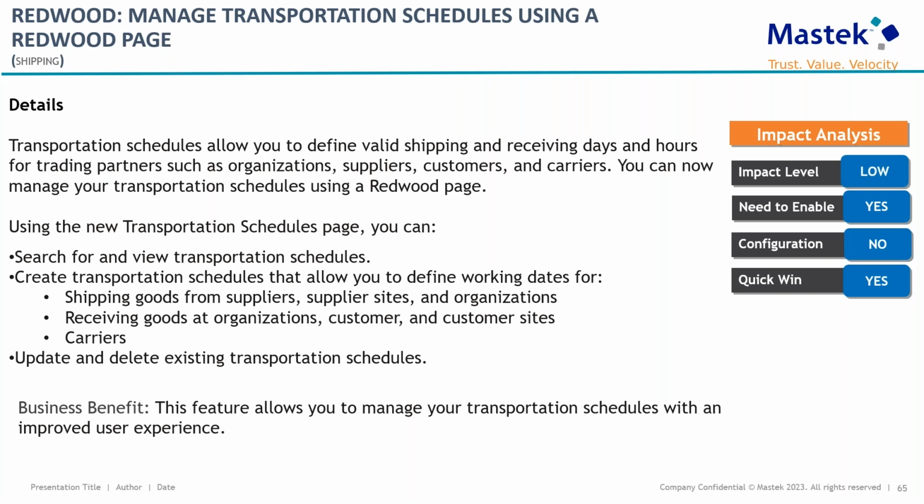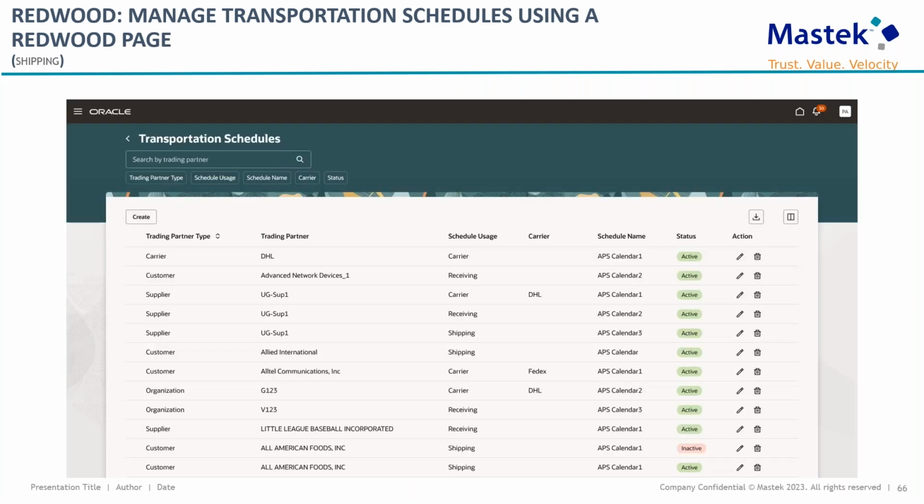Whether it's when goods are sent out or expected to arrive, these schedules help align logistics with business hours, reducing delays and missed deliveries. It is a much easier way to handle what used to be a fairly manual and rigid setup. This is how the page looks.